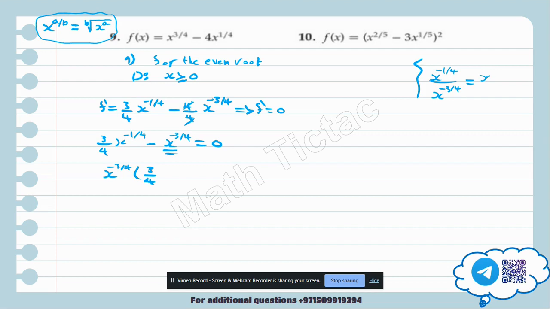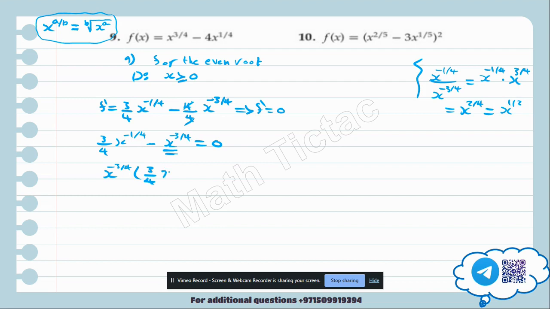It will be equal to x to the power minus 1 over 4 times x, if we take this upward, x to the power 3 over 4. And 3 over 4 minus 1 over 4 will be 2 over 4. So x to the power 2 over 4, which is after simplifying x to the power 1 over 2.